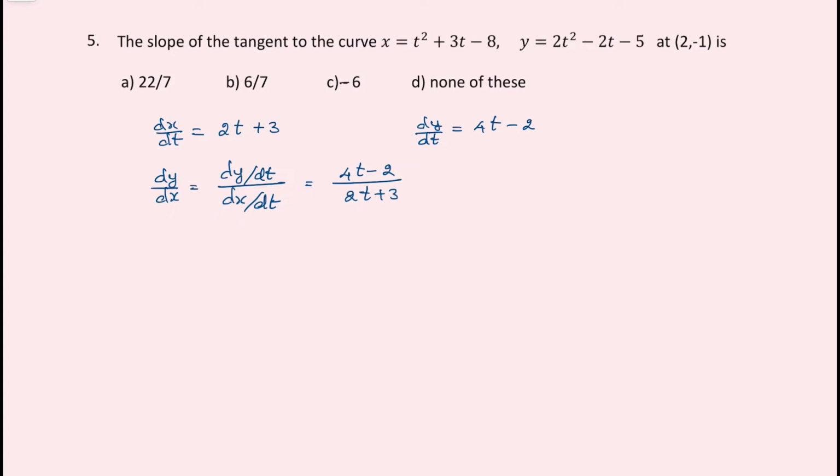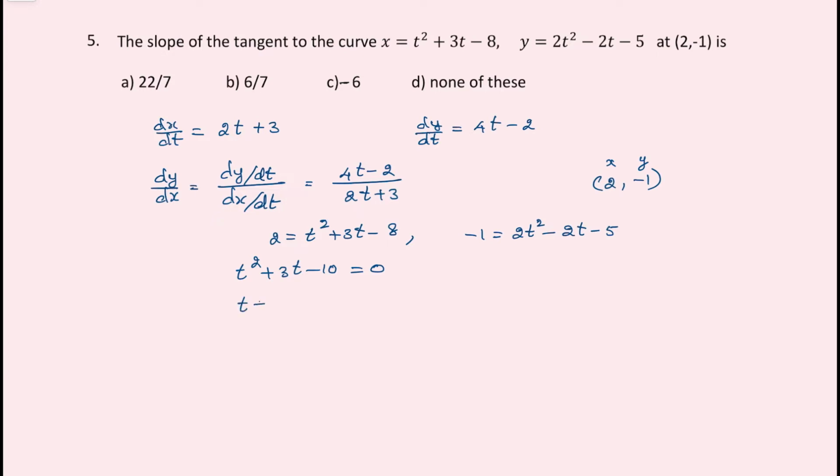Okay, at 2 comma minus 1, the point given is 2 comma minus 1, that is x and y values are given. We need the t value. Let us substitute the values of x and y in the given parametric equations. 2 is t square plus 3t minus 8 and y is minus 1, which is 2t square minus 2t minus 5. We get the quadratic equation t square plus 3t minus 10 equal to 0.